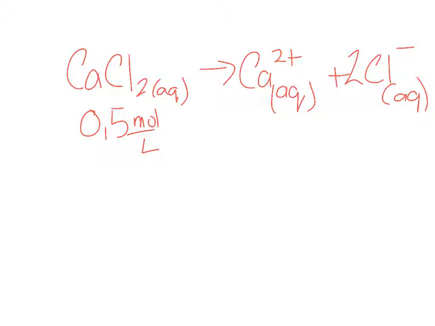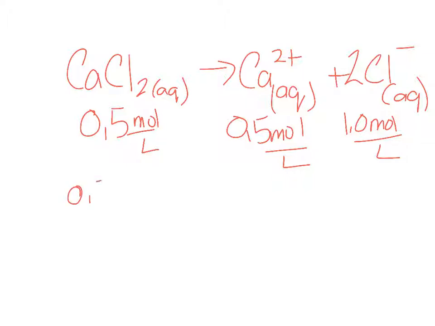Which one's one? Wait, like, because when we do 0.5 multiplied by 2. For which one? Chloride? Alright. Yeah. So that would be 1 mole per liter. What would the calcium be? 0.5. There's only one of them.